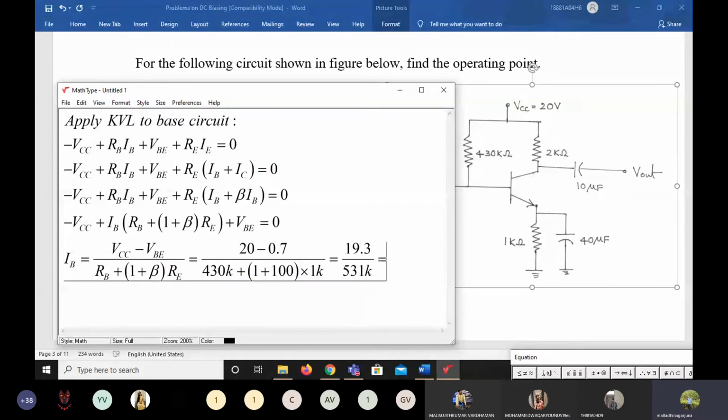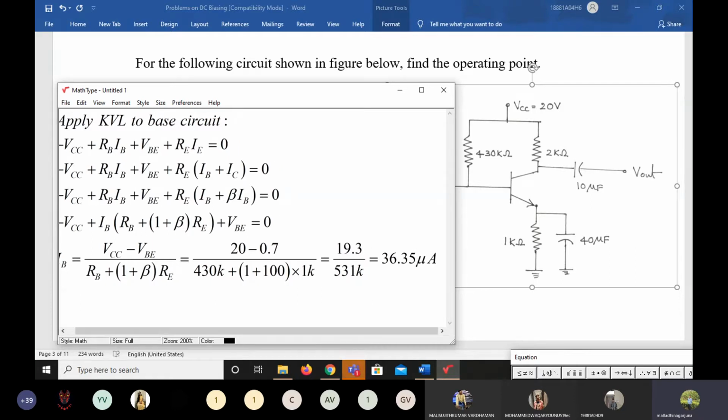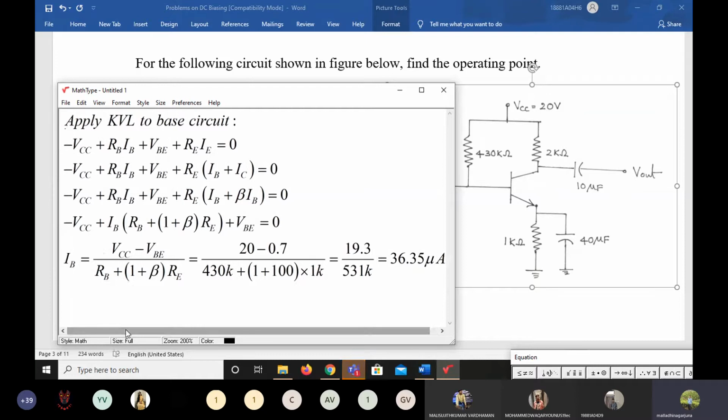So the answer is IB equals 19.3 divided by 531, that is 36.35 microamperes. This is the answer for IB.